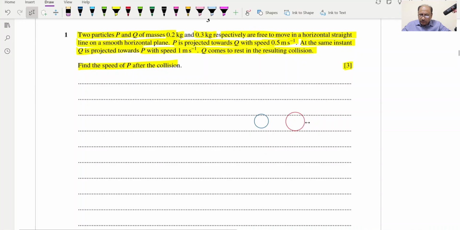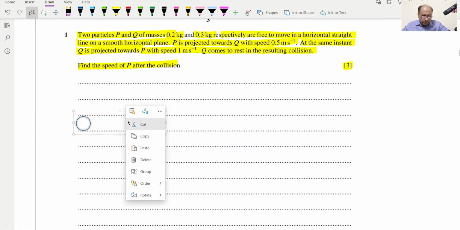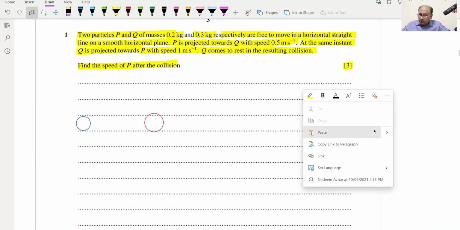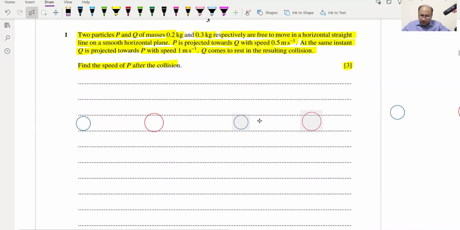This is the situation before the collision, and the situation after the collision will be a little different: we will move them closer to each other. So immediately after the collision, this will be the situation.